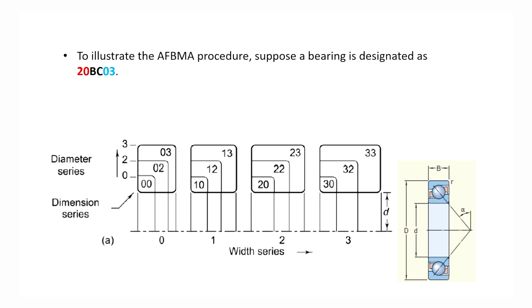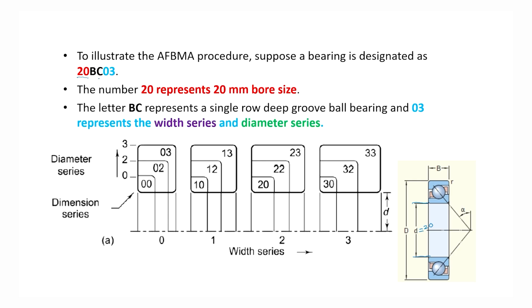To illustrate the Anti-Friction Bearing Manufacturers Association procedure, suppose a bearing is designated as 20 BC03. So, this 20 represents the bore of the bearing. It means this small d is 20, and BC represents the deep groove ball bearing.